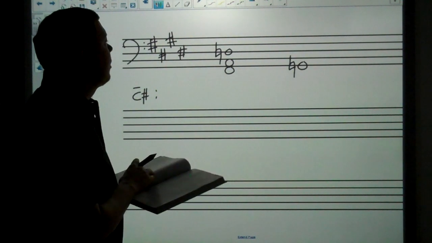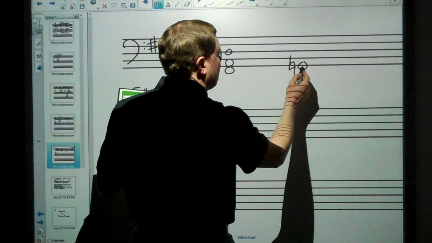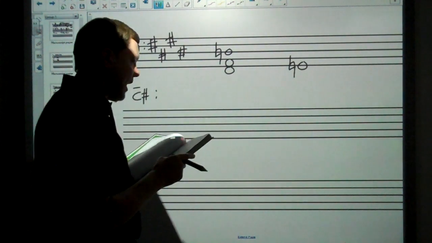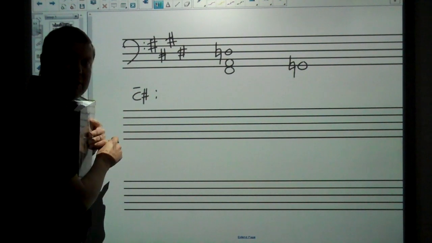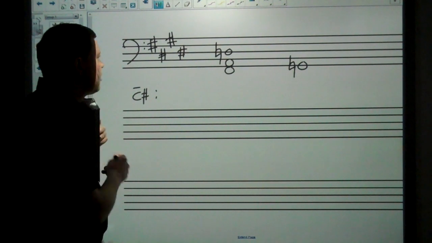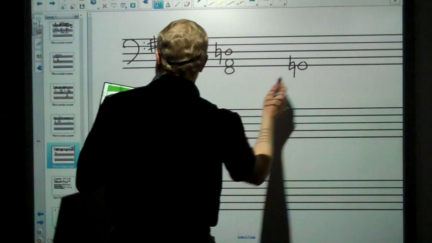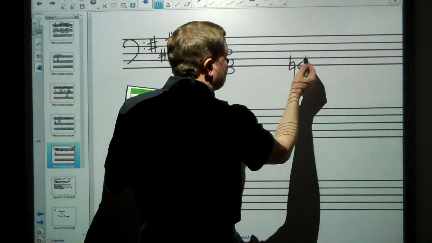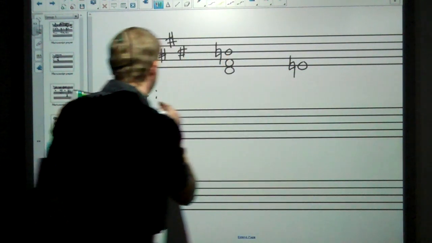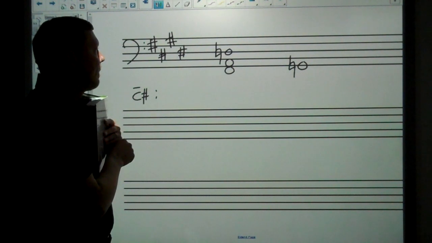So, the third and final step is to ask yourself, would a major or a minor triad built on G natural be diatonic or fit into this key of C sharp minor? And the answer is no, it wouldn't. Because G natural has nothing to do with C sharp minor. And even if I spelled a major or a minor triad on G natural, the chord still wouldn't belong in C sharp minor.